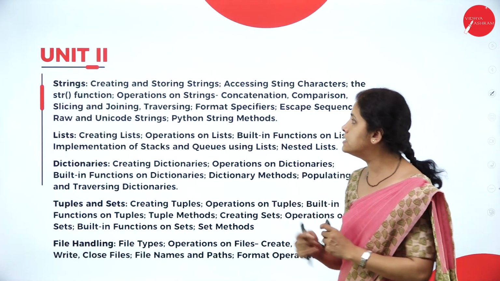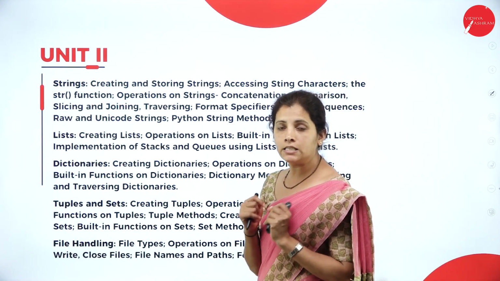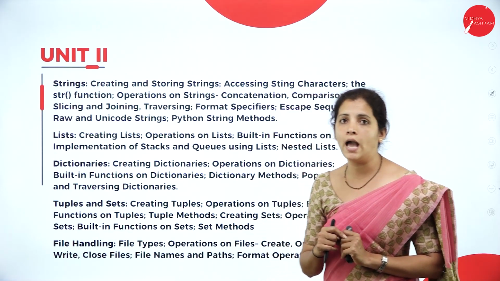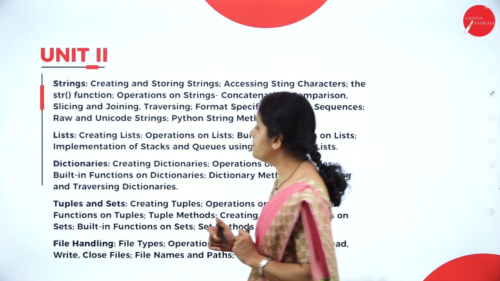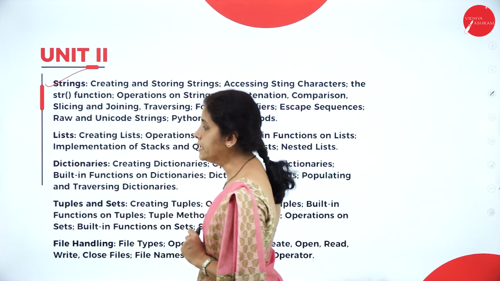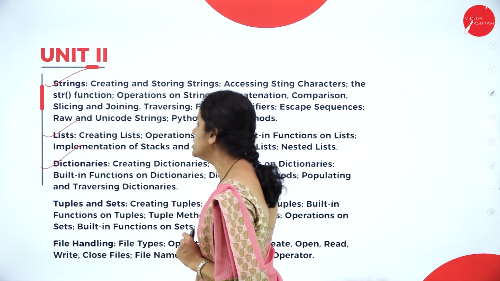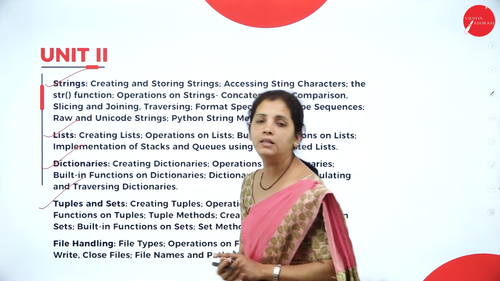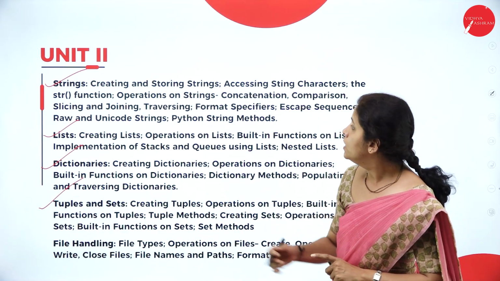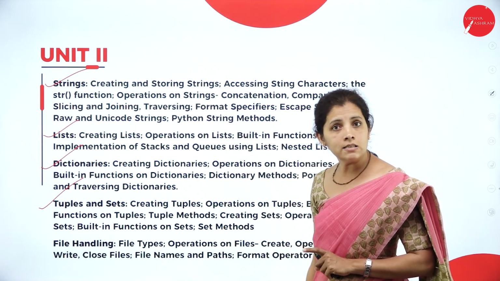Okay, fine. If I consider unit 2, let's see how many chapters we have here. Here, see, we have strings, we have lists, we have dictionaries, and we have tuples and sets. Okay, fine. What is a string?